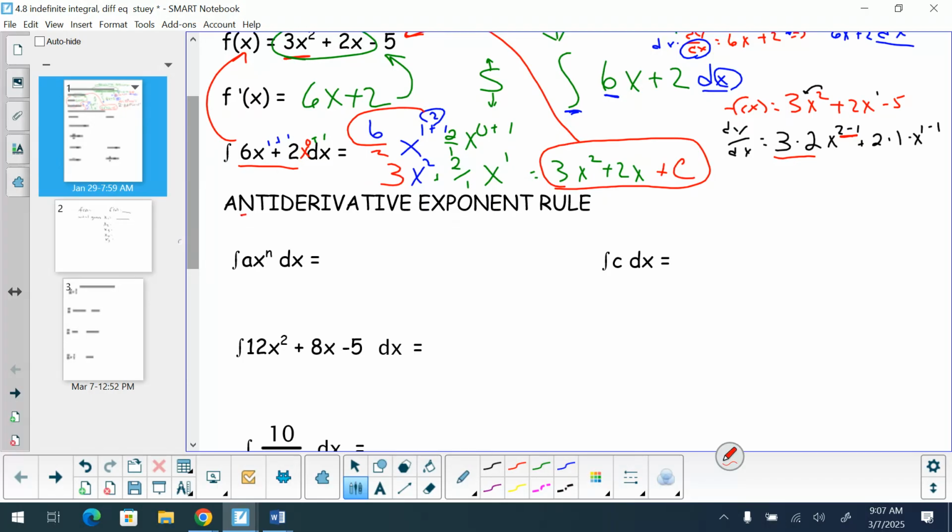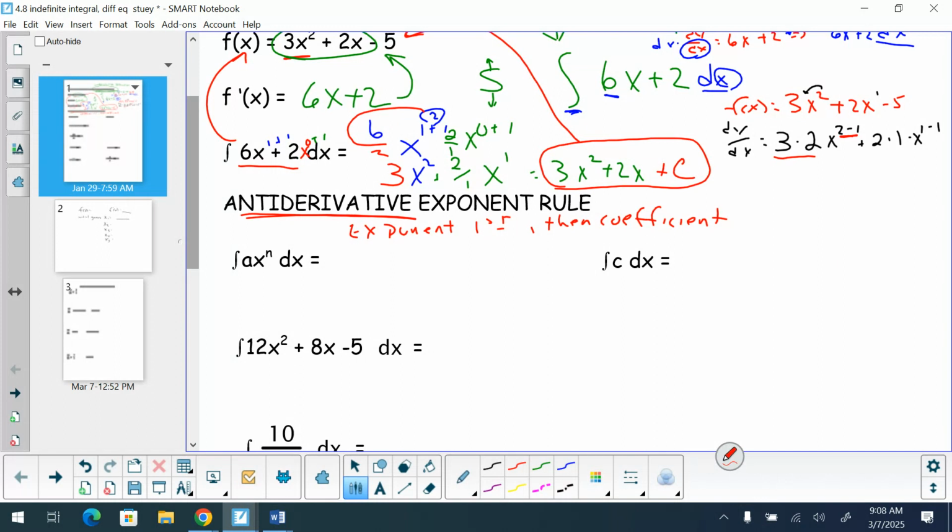With antiderivatives, you deal with the exponent first, then your coefficient. That's the mentality that you have to have when dealing with antiderivatives. Exponent first, then the coefficient. In derivatives, we dealt with basically the coefficient first, and then we subtracted 1 from the exponent. Now we're dealing with the exponent first, adding 1, and then working with the coefficient.